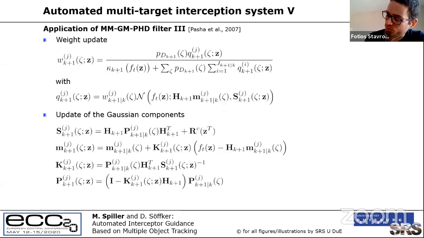So in this slide it can be seen that the mean values and covariances of the Gaussians are updated using the received measurements based on the Kalman filter equations. In addition, the weights are updated by considering the measurement likelihood.